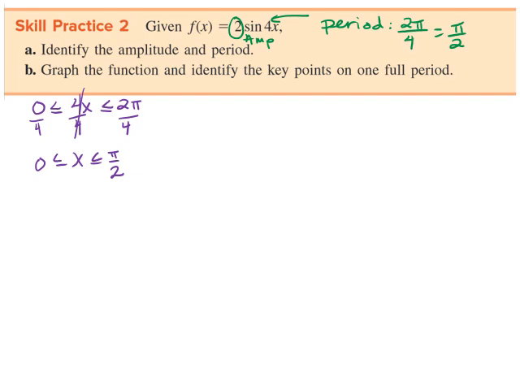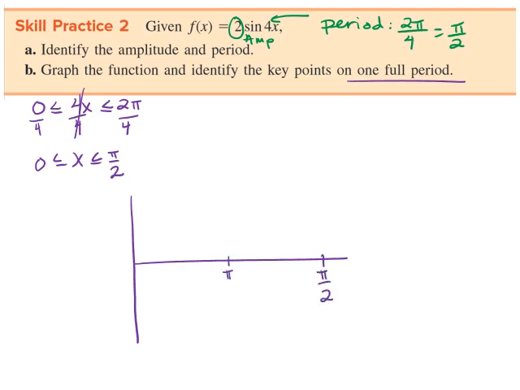So let's go ahead and sketch one full period of this. I'm just going to spread this out a little bit. Typically this is 2 pi, so this is pi, and this is pi over 2. But I would have to graph the entire graph in this region, which is going to get super messy. So I'm just going to stretch this out just for viewing purposes. And I'm going to call this pi over 2.